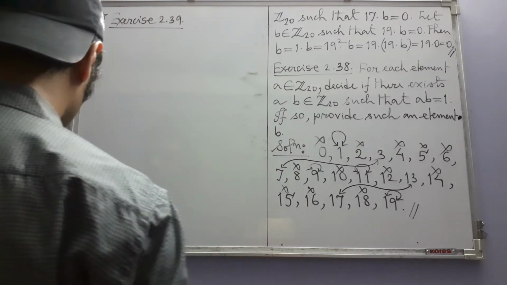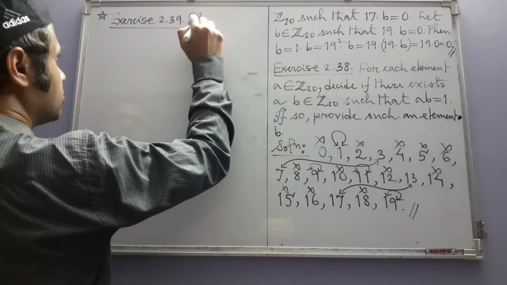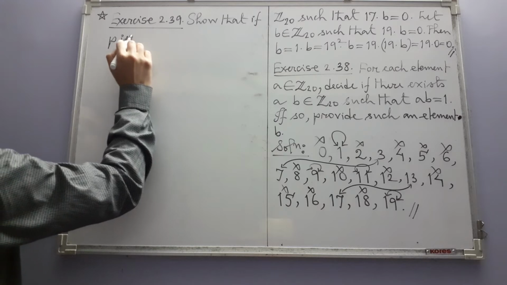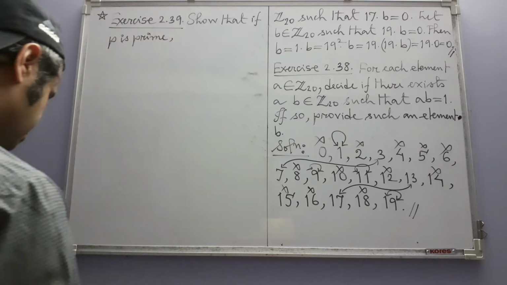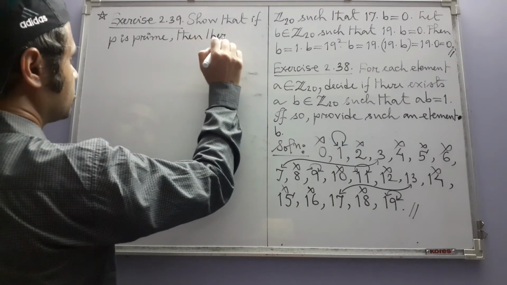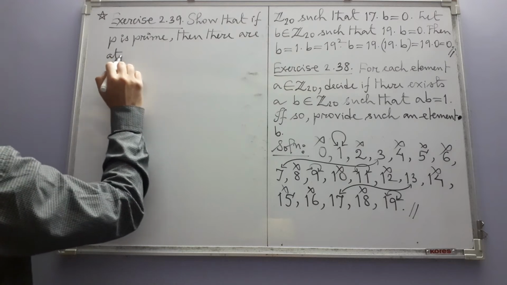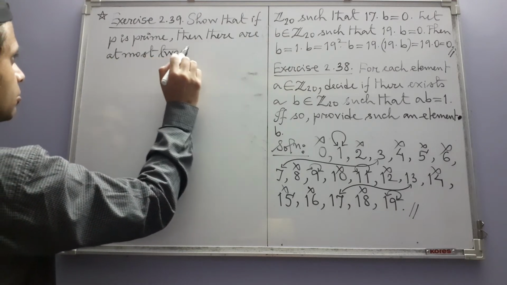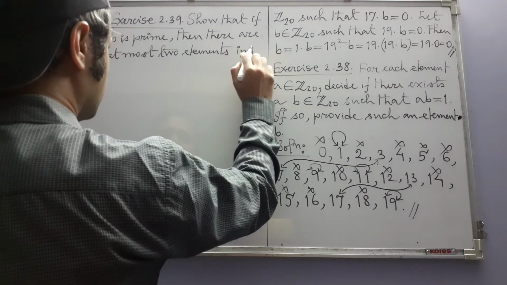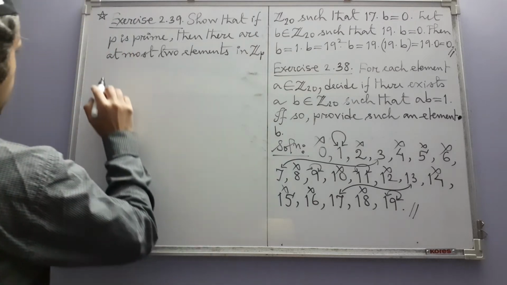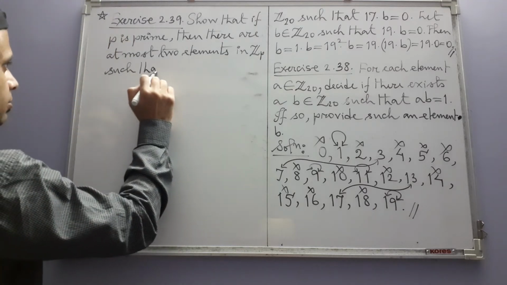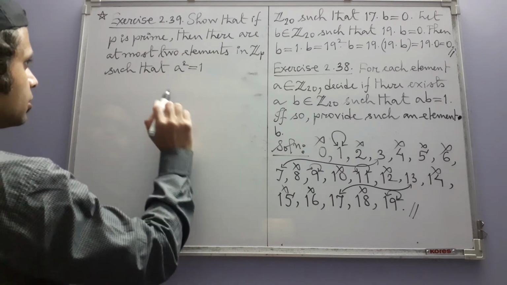Next, 39. Show that if P is prime, then there are at most 2 elements in the set Z_P such that A square is equal to 1.